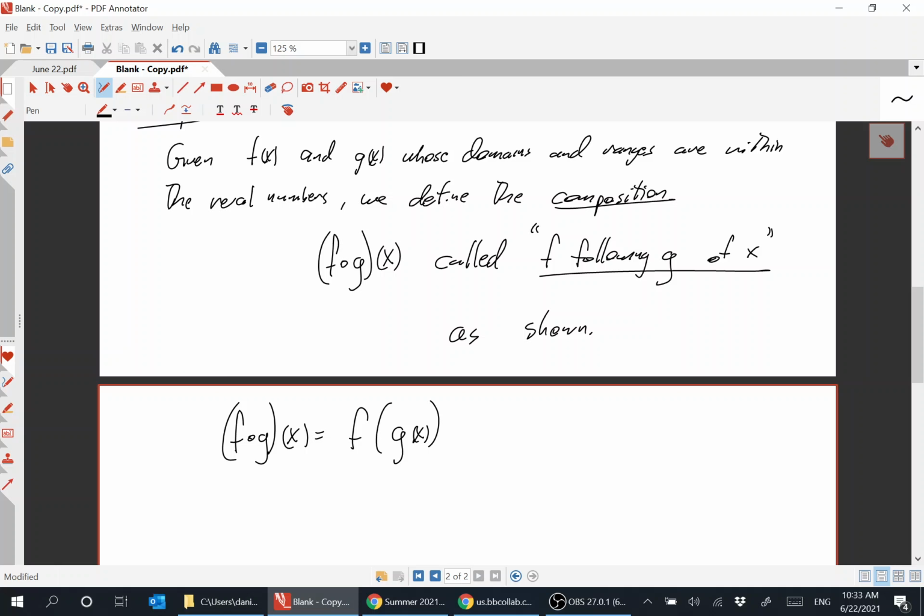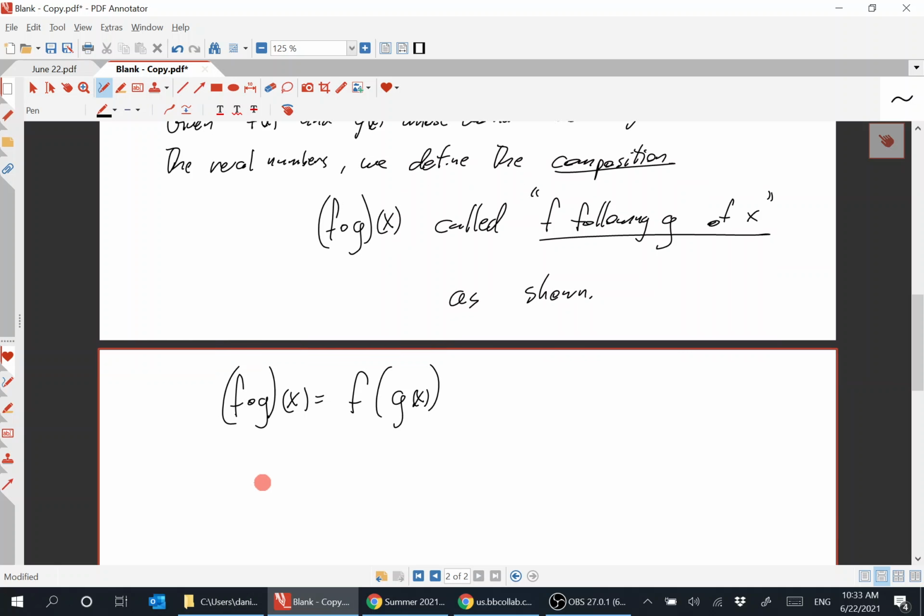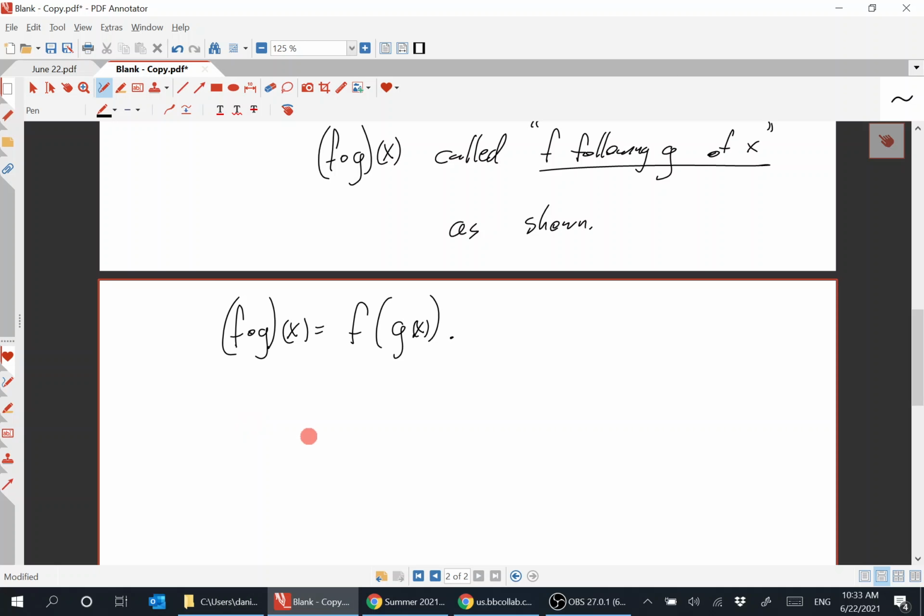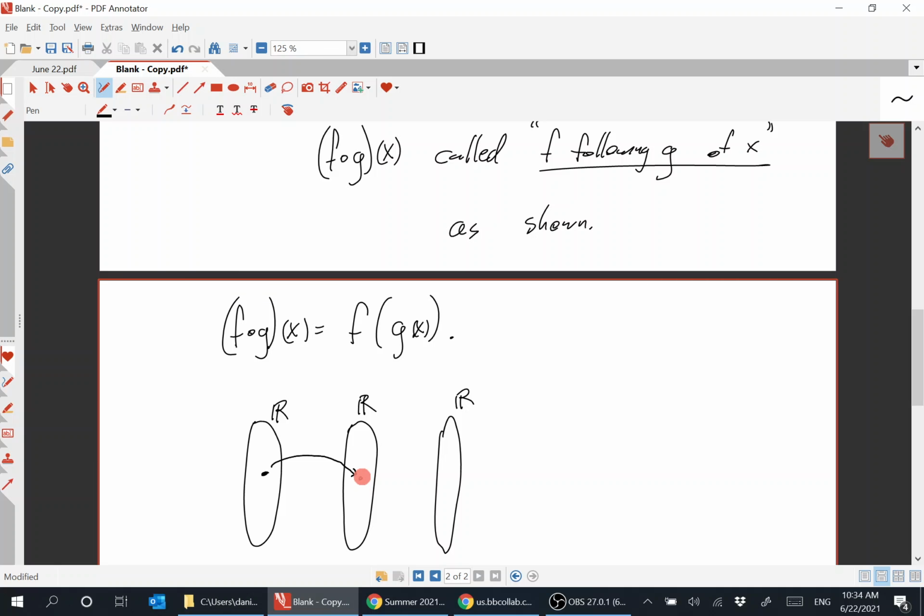So the argument for f becomes g. It kind of looks like this. Here are the real numbers, and there's the real numbers, and here's the real numbers again. If you have an x right here, first applied to x is g. So this is x, and then this is g of x within the real numbers.